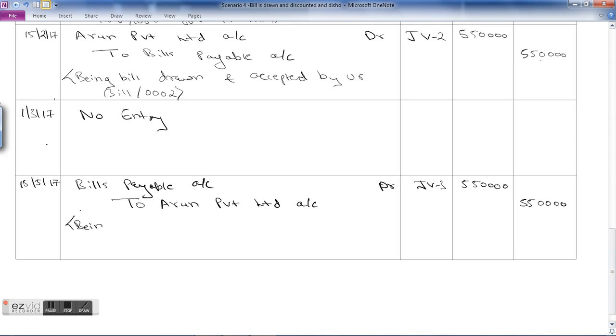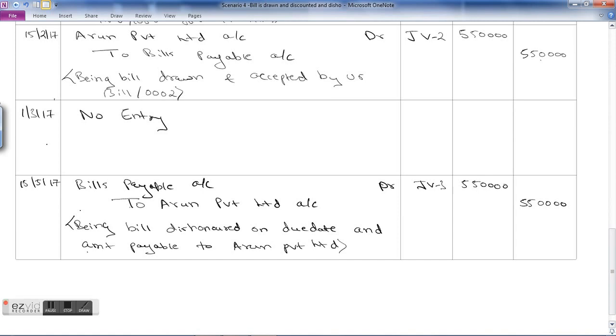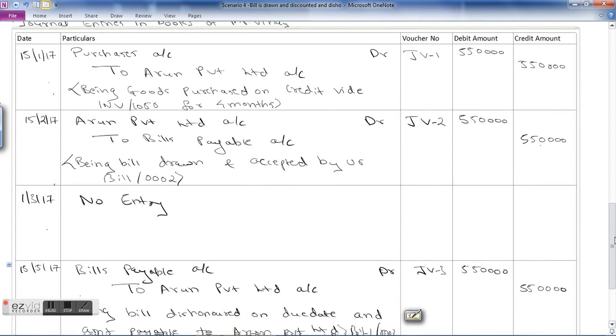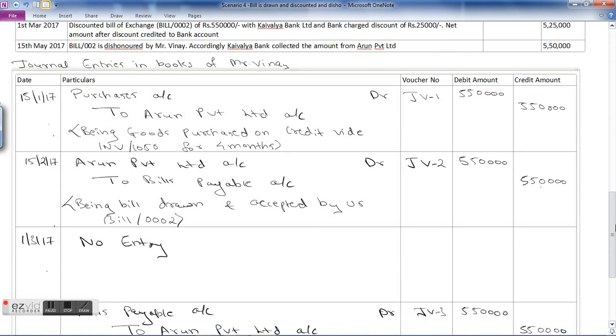Okay, so narration here will be being bill dishonored on the due date and amount payable to Arun Private Limited. Okay, and the bill number here is bill, what is the bill number? 0002.